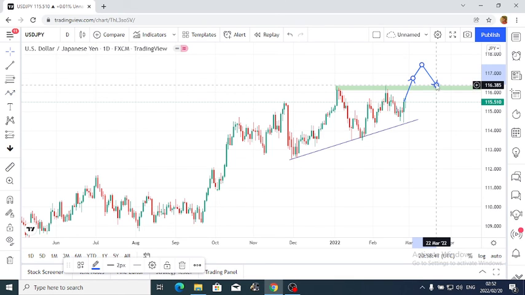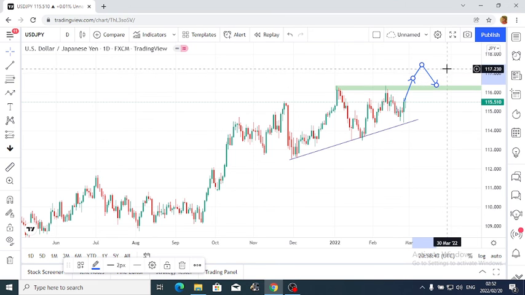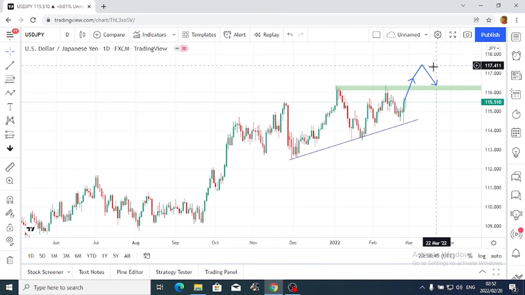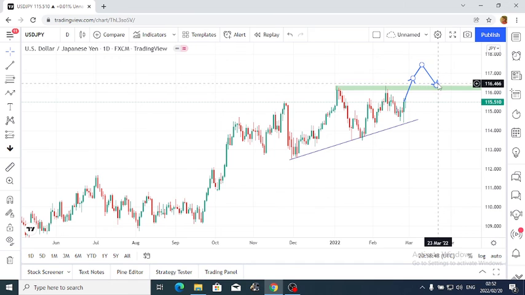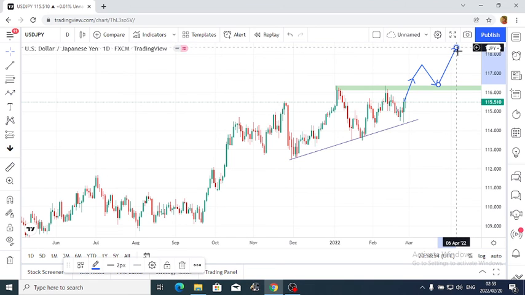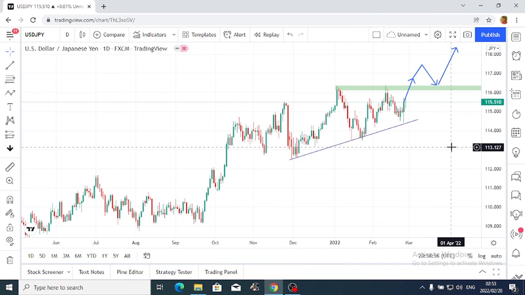So you will enter your trade right here, and after entering you will say, okay, now it might be time for the market to go higher. And this will be your trade.